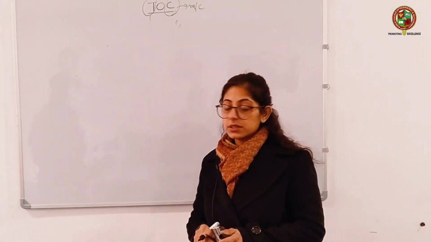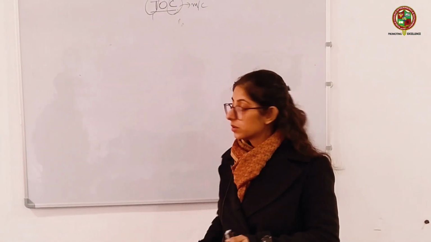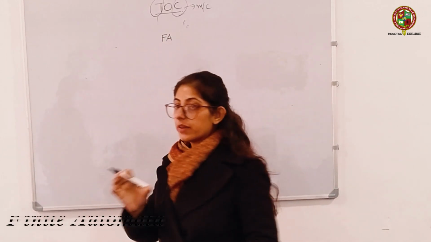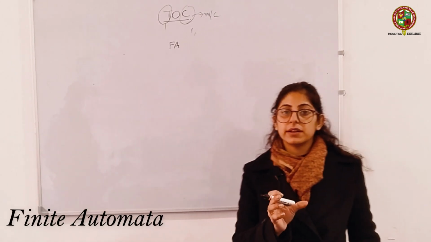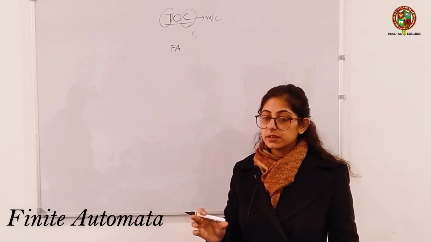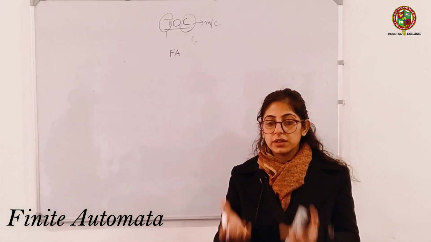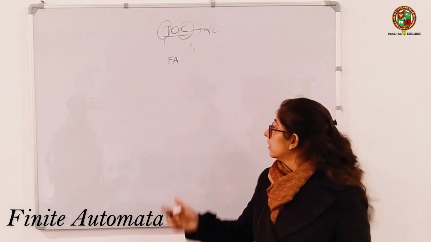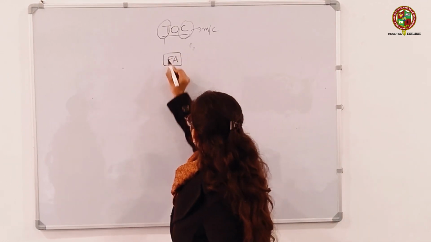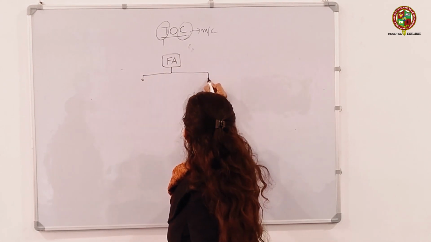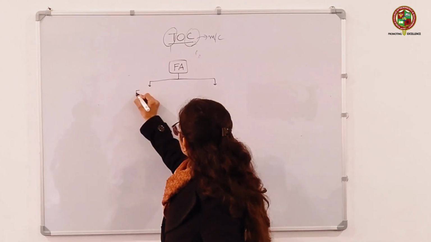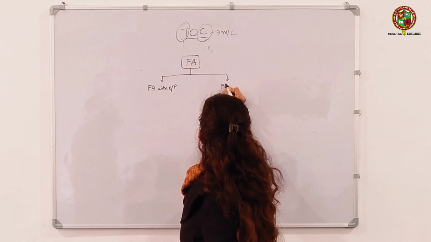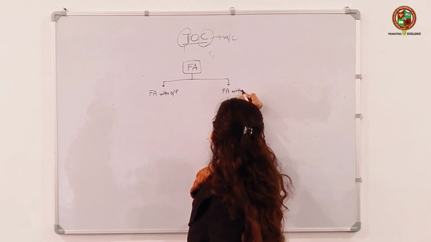Now let's see the various automata that we are going to discuss. First one is the finite automata. As we have said, we have a finite set of strings, which means your machine can take only a finite set. Finite automata are also divided into 2 parts: finite automata with output and finite automata without any output.